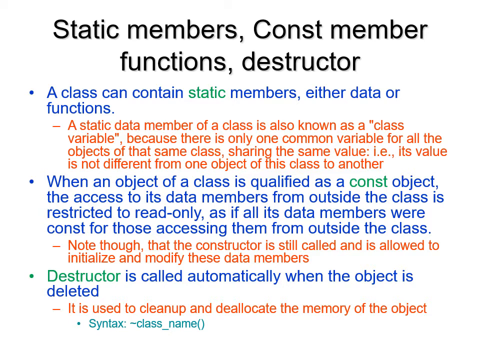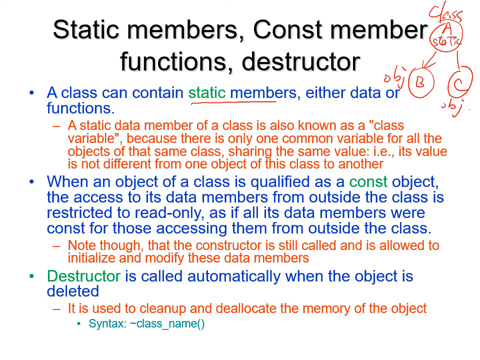You can declare static members, either data or function, in the class. For example, if you declare two objects B and C of this class, they will have the same memory for the static data, so that they share the data by using the static variable.